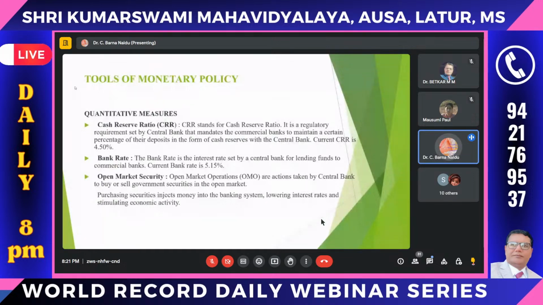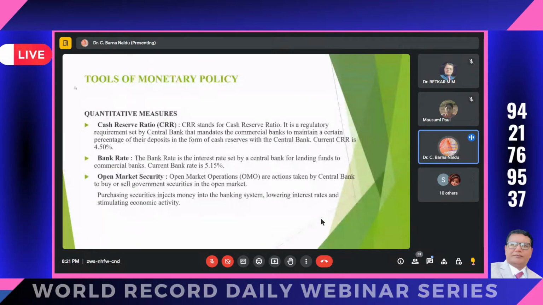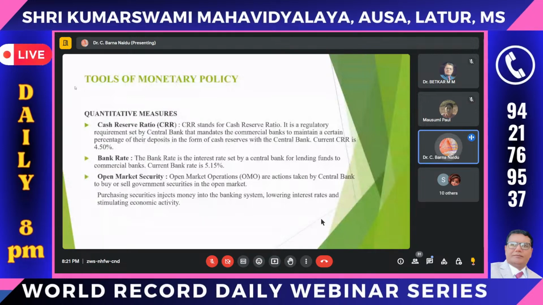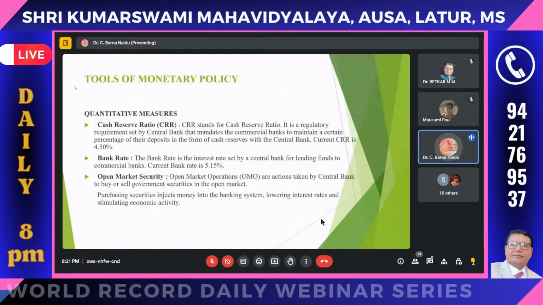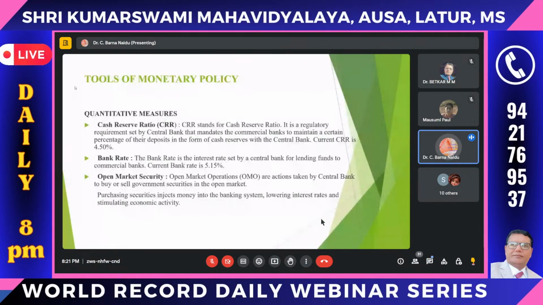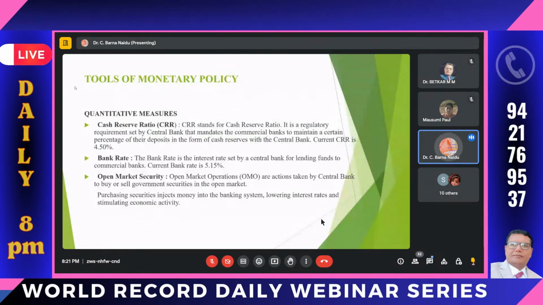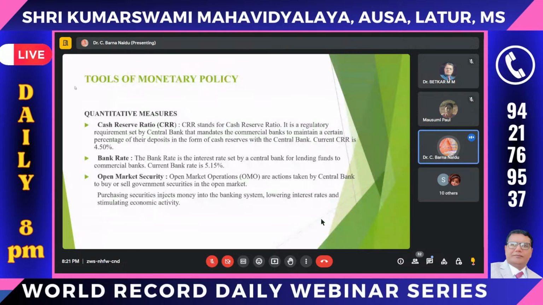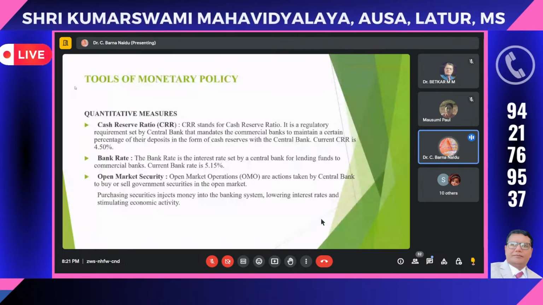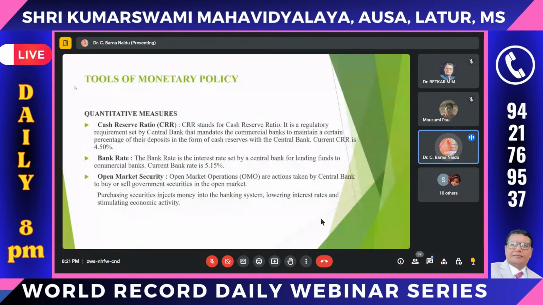So when there is inflation in the economy, immediately the central bank sells government securities. Now, when it is selling government securities in the market, it is a very potential investment for the consumers, for the customers, for the investors. So they try to invest more and more in securities. When they are buying these securities, it injects money into the banking system, increasing the reserves and lowering the interest rate.